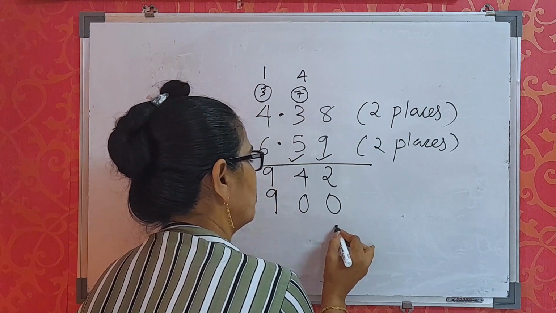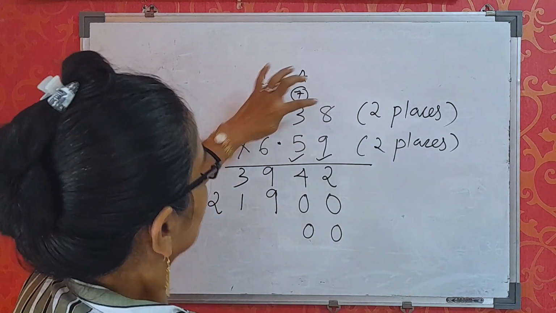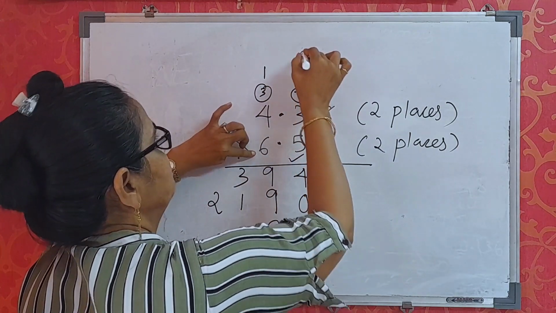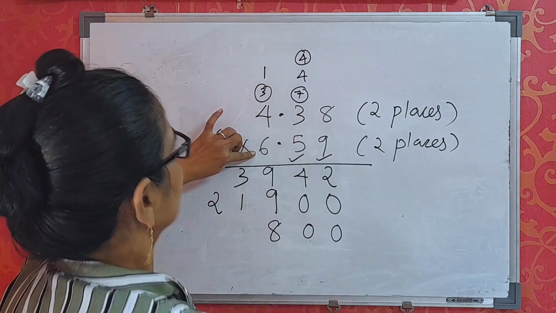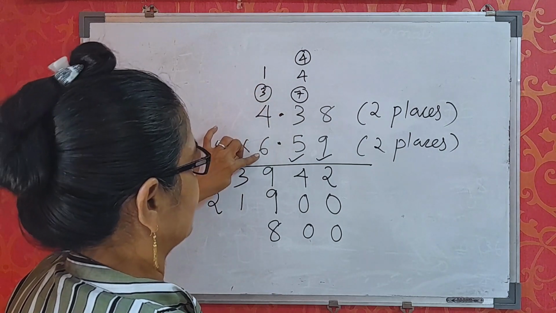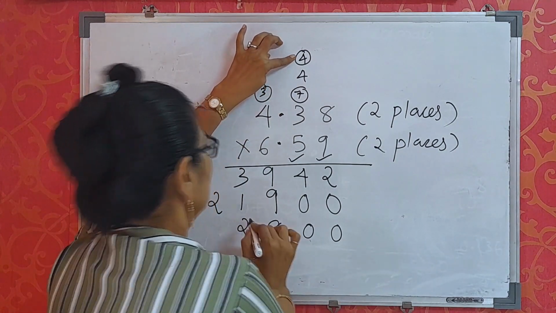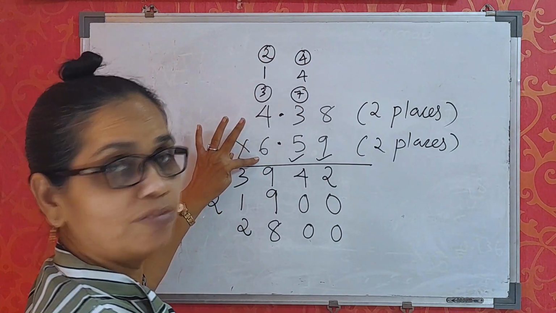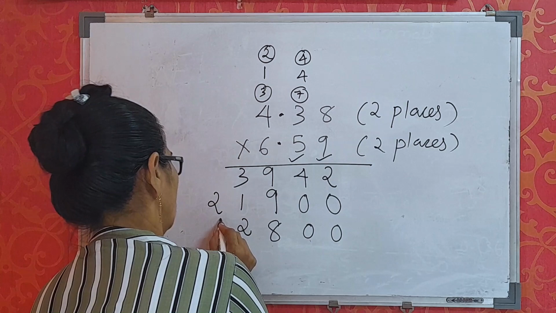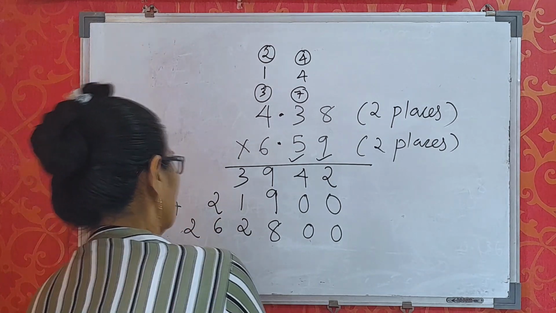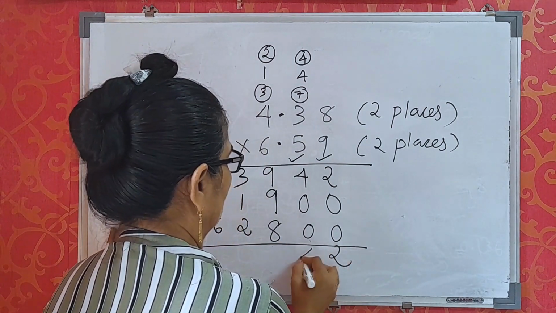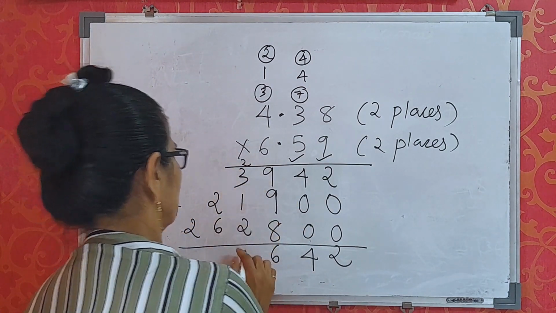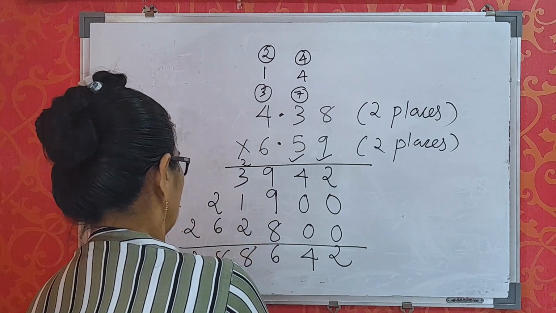So 2 digits, so put 2 zeros. Now 8 6s are 48, 8 here, 4 carry forward, 3 6s are 18 plus 4, 22, 2 here, 2 carry forward, and 4 6s are 24 plus 2, 26. So now add all these numbers. 4, 18 and 8, 26, 2, 5, 6 and 2, 8, 8 and 2.